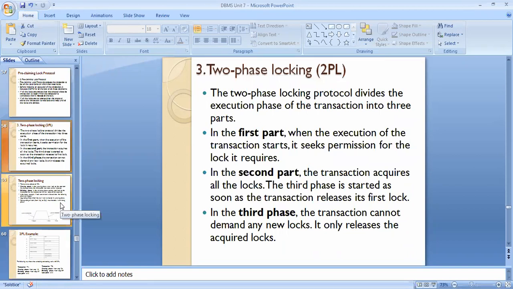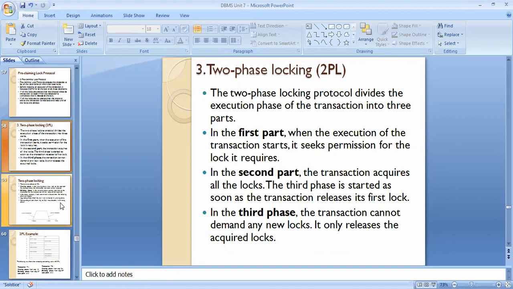The two-phase locking protocol divides the phases of the transaction into three parts. In the first part, when the execution of the transaction starts, it seeks permission for the locks it requires. Means first we are applying the locks. In the second part, the transaction acquires all the locks, and the third phase starts as soon as the transaction releases the first lock.